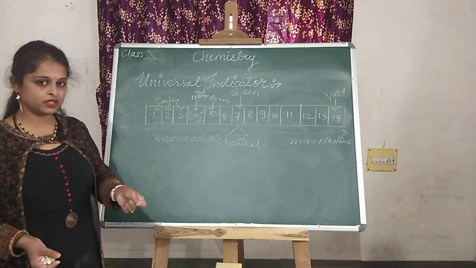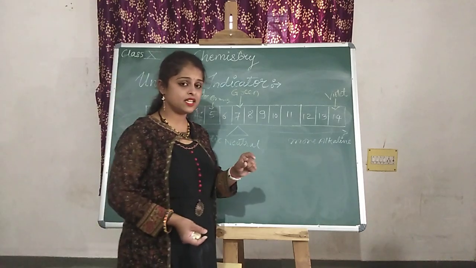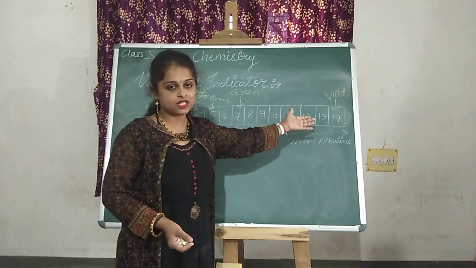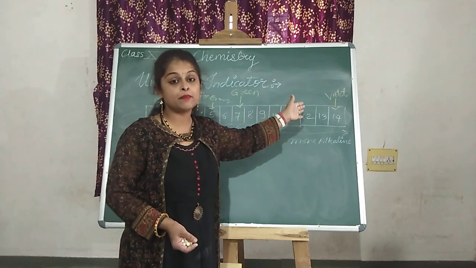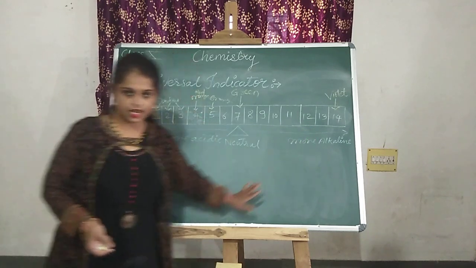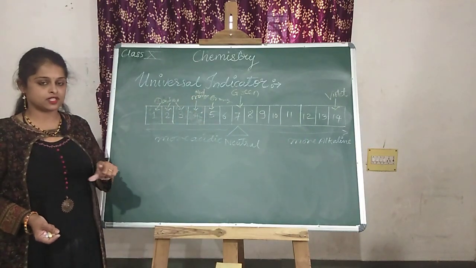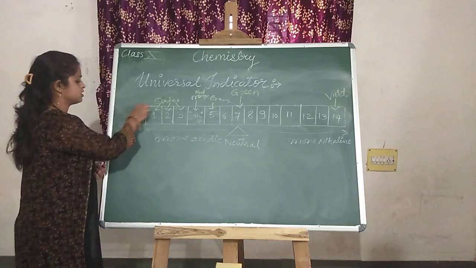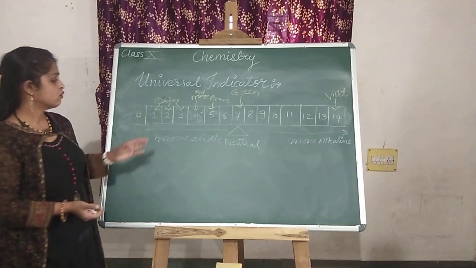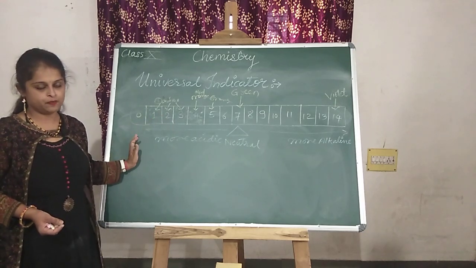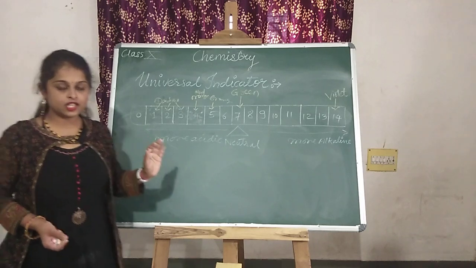If after performing the test the result is violet color, it means it is strongly basic in nature. It is a strong base. It is alkaline in nature. And if you get the test of 0, 1 like this, what will you understand? That it is the strongest acid in nature. Are you getting? Is it clear?